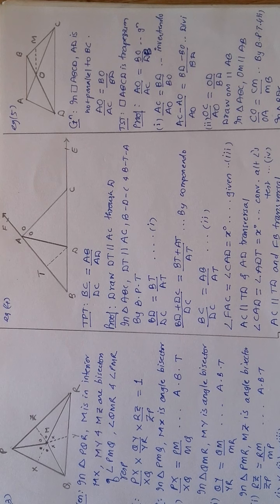So from 1 and 2, I have CO is to OA is equal to CO is to OA, same. So OD is to BD is equal to CM is to MB. Actually I need to write this step further before, but lack of space is there, so I am writing it directly, but I will write the reason over there.